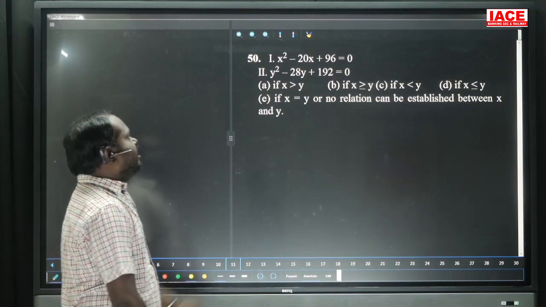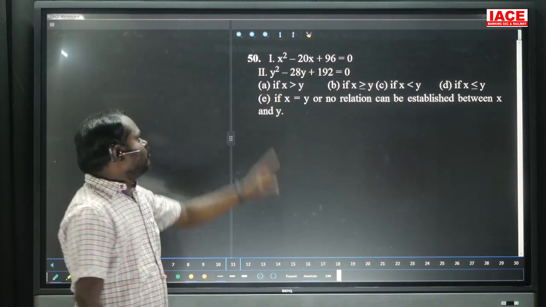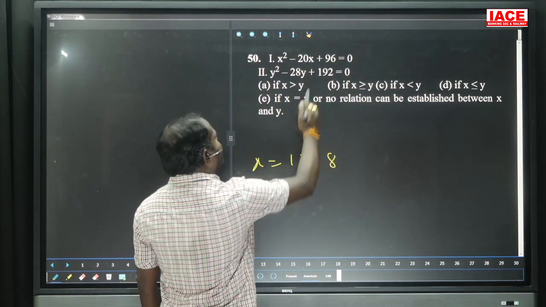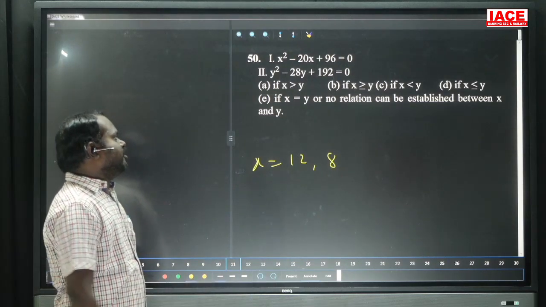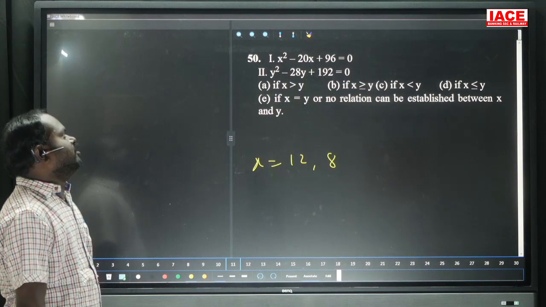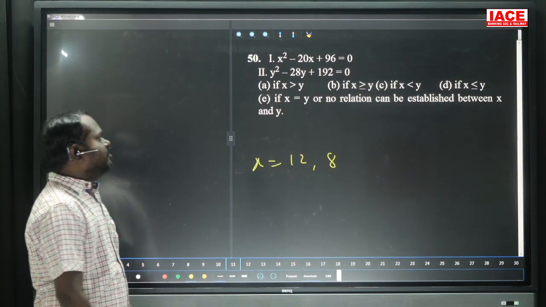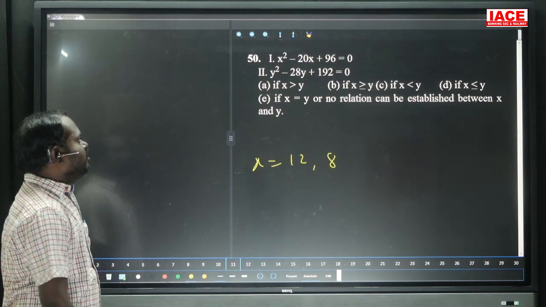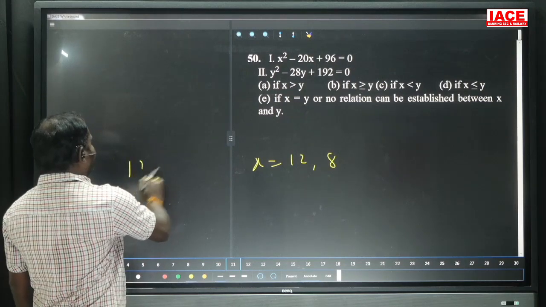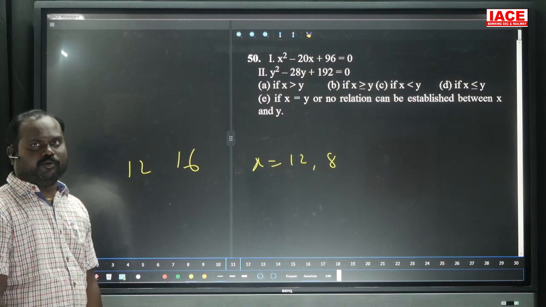Next: 96. You will get 12 and 8, since 12 plus 8 is 20, so taking minus 12 and minus 8, x equals 12 and 8. For 192, the suitable pair is 12 and 16, since 12 times 16 is 192.